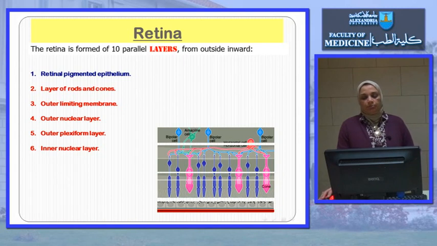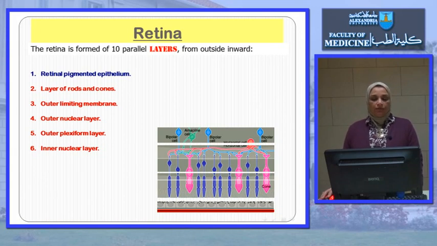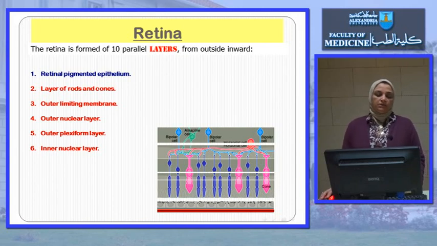Inner nuclear, remember, contains the cell bodies and nuclei of 4 cells. What are these 4 cells? Mainly the bipolar cells. The dendrites of the bipolar cell will synapse in which layer? In the outer plexiform, while its axon will synapse in the inner plexiform. So we will discuss these cells as extending from the outer plexiform to the inner plexiform layer.